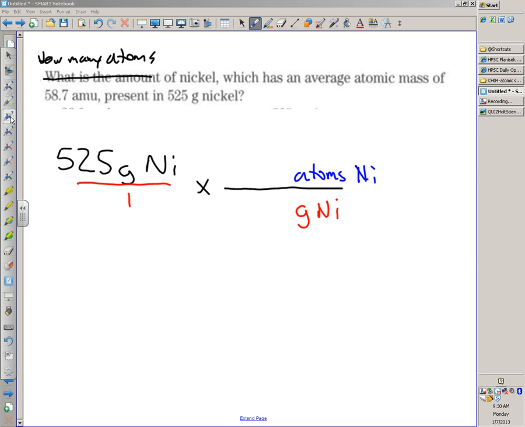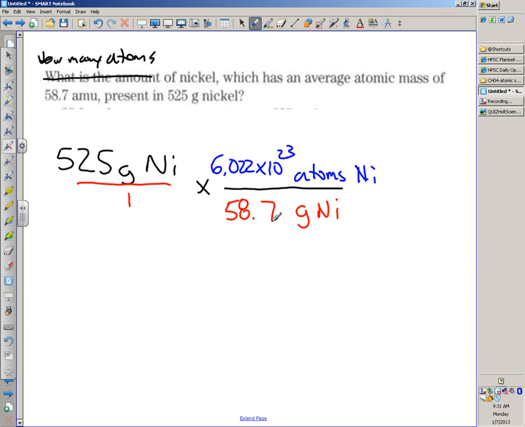Rachel, whenever atom shows up in a conversion factor, what number do we put in front of it? 6.022 times 10 to the 23rd. 6.022 times 10 to the 23rd atoms is how many atoms are in how many grams of nickel? What number goes in front of grams? 58.7. Because what is that number?